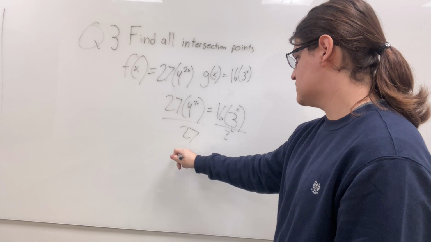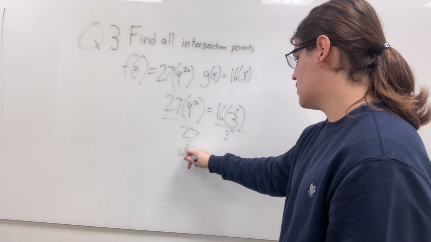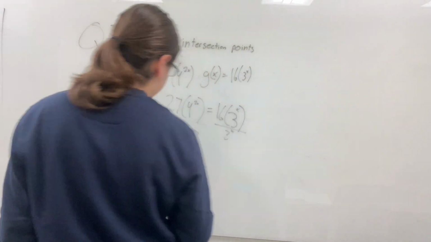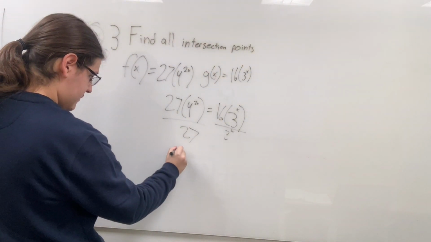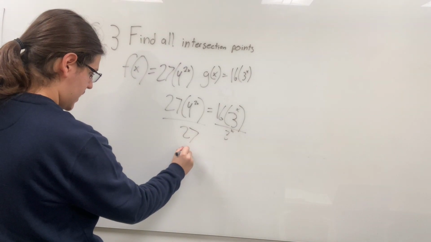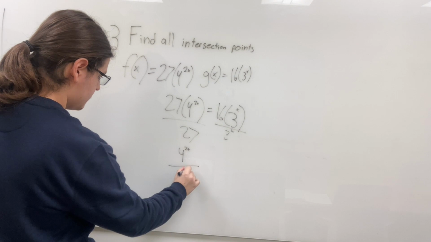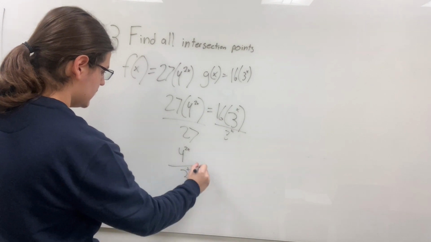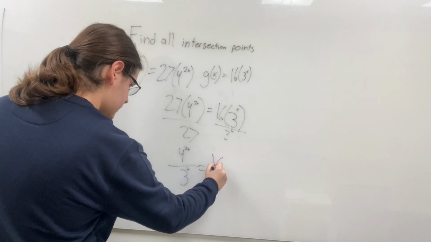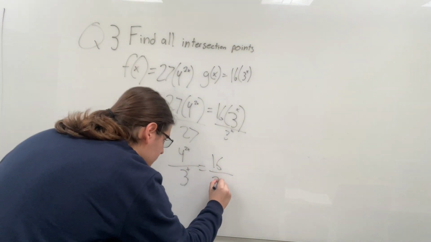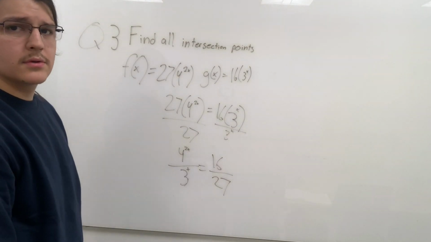That's going to get me 4 to the power of 2x divided by 3 to the power of x is equal to 16 divided by 27.